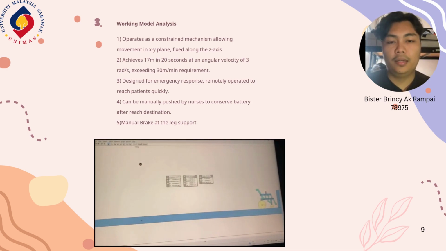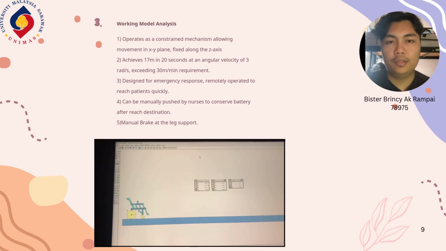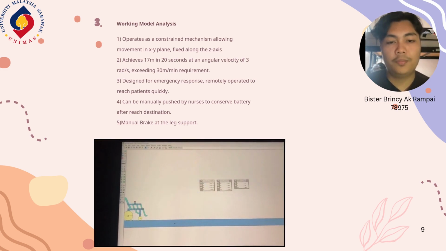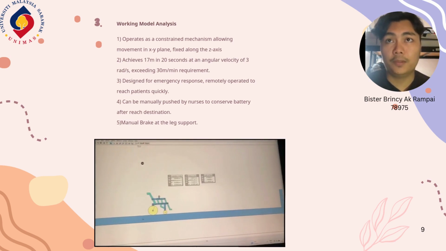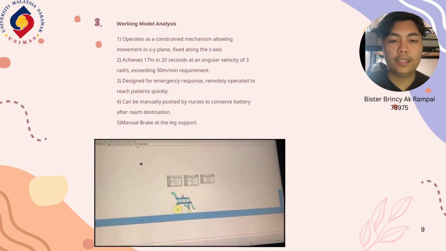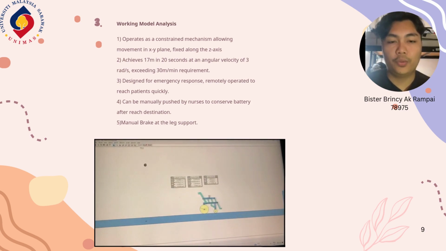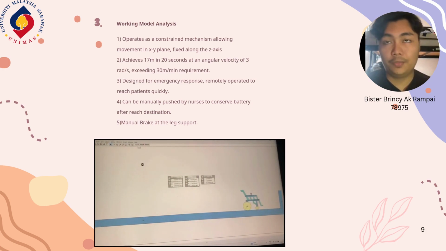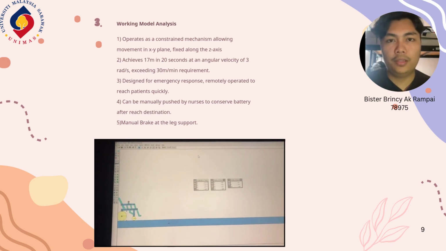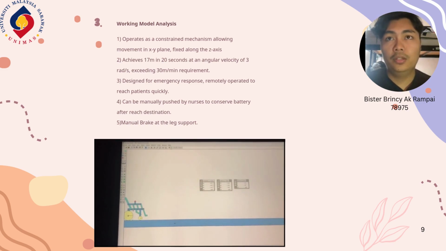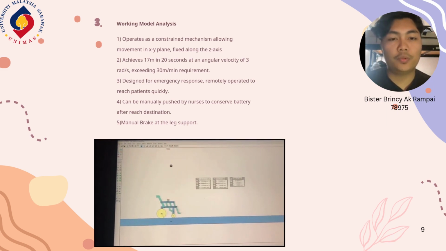Secondly, we designed the wheelchair so that it can reach 70 meters in 20 seconds at an angular velocity of 3 radians per second, exceeding the 30 meters per minute requirement. Thirdly, it is designed for emergency response, with remotely controlled movement. The remote control is operated by users to reach their patients quickly.